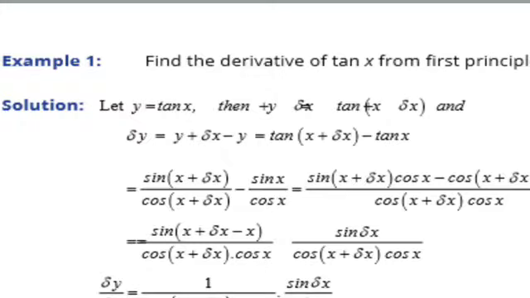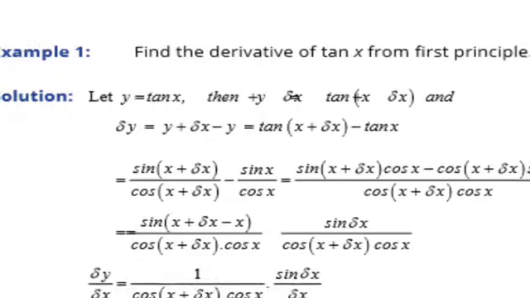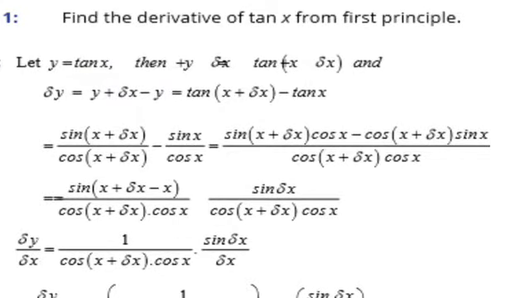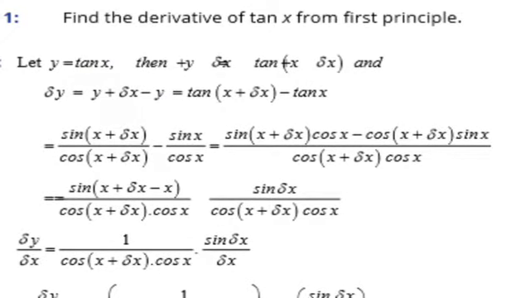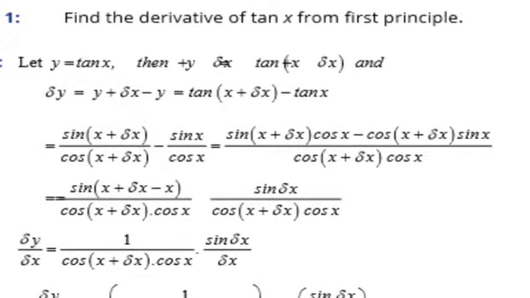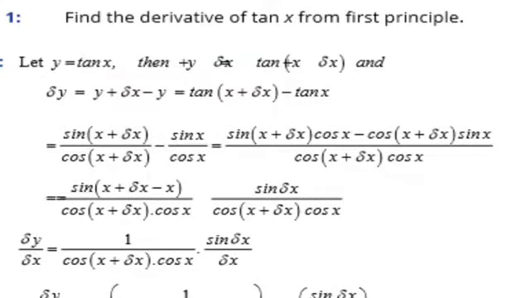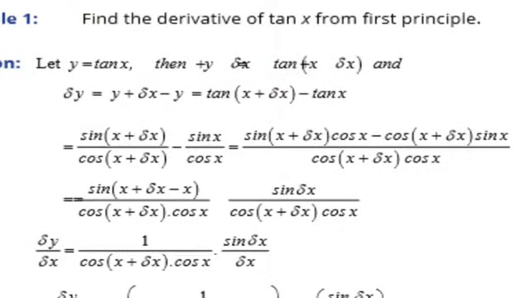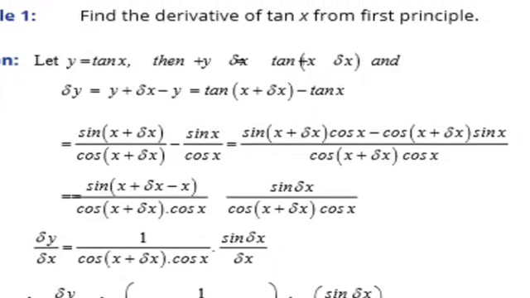Find the derivative of tan x. We replace y by y plus delta y and x by x plus delta x. Then subtract these values. We write tan as sine over cos, and then taking the LCM, the numerator becomes the formula of sin (alpha minus beta). Here alpha is x plus delta x and beta is x.